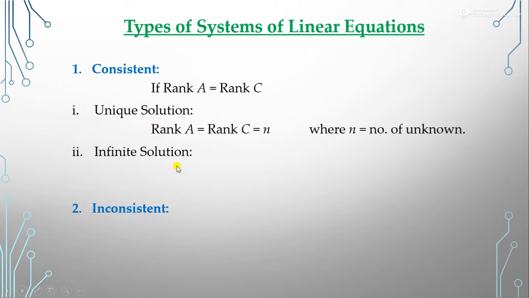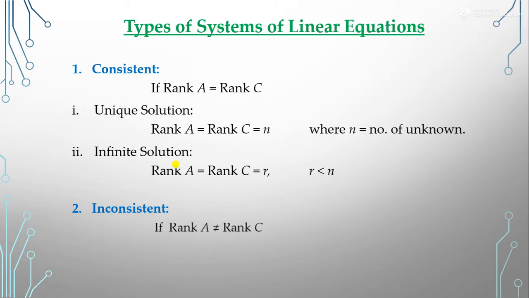Now how can we check the infinite solution? If rank A and rank C are equal but less than the number of unknowns, so the rank of both A and C is less than the number of unknowns, you can say that you have an infinite number of solutions. Clear?